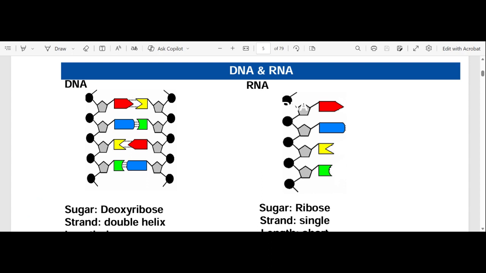When it comes to RNA, we're not speaking about thymine, we're speaking about uracil. Remember, we have four bases in total in DNA: thymine, cytosine, guanine, and adenine. But in RNA, we have cytosine, guanine, adenine, and uracil. We don't have thymine in RNA. I hope that is clear.